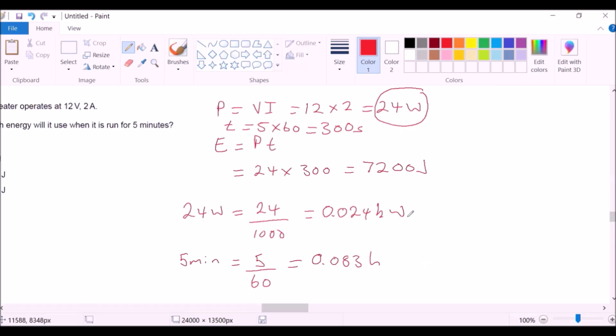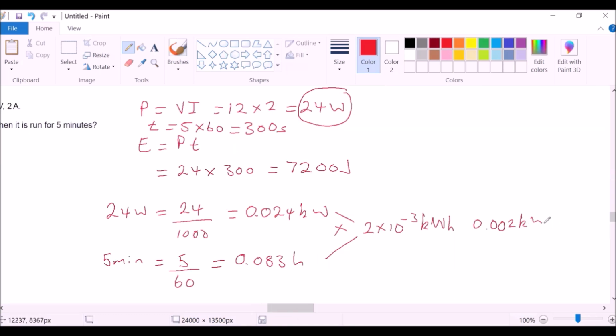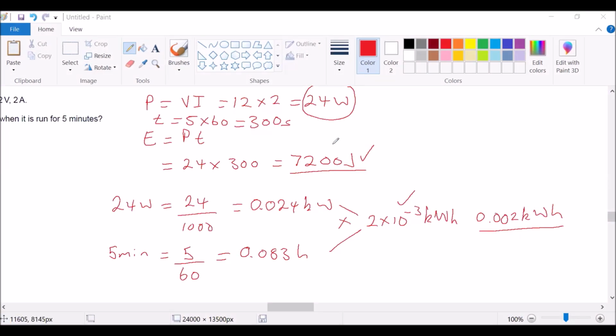Now, to make it kilowatt hours, we would multiply these two. 0.024 kilowatts times 0.083 hours, which is 2 times 10 to the power minus 3 kilowatt hours, or 0.002 kilowatt hours.